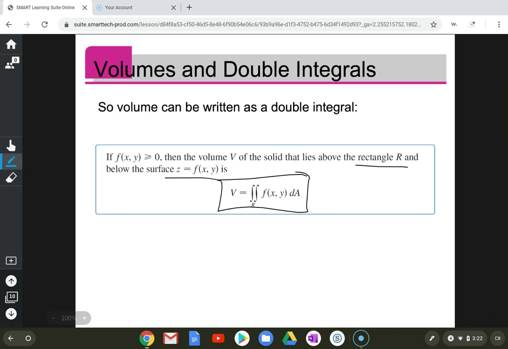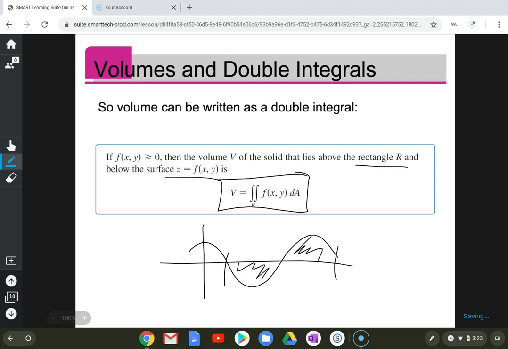Now, this is volume. Remember, it's a lot like area. So last year, if we had some function that went below the x-axis and above the x-axis, and we did the integral from here to here, we did not get the area. Same thing holds with volume. If the region's down here for part and up here for part, you're going to get negative answers down here and positive answers up here.